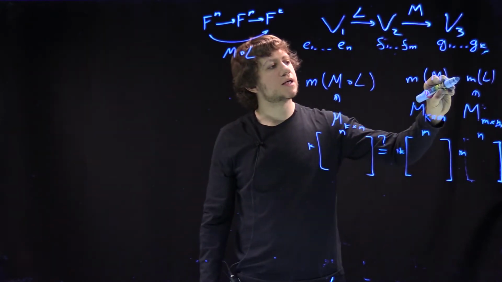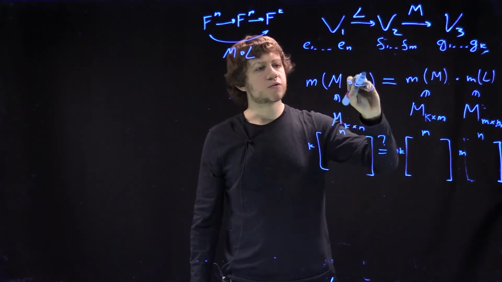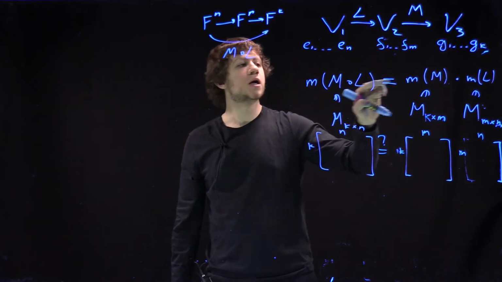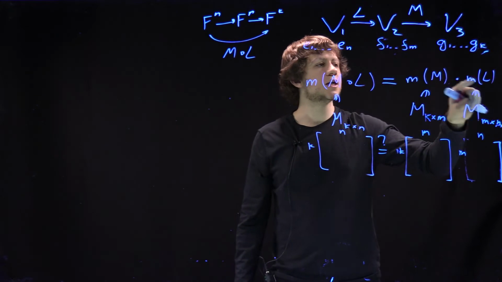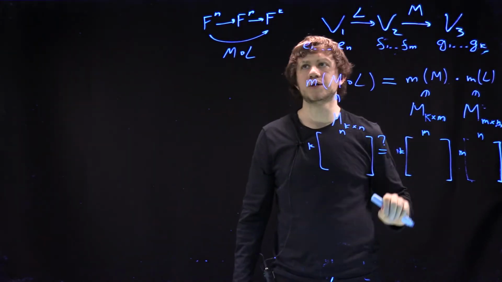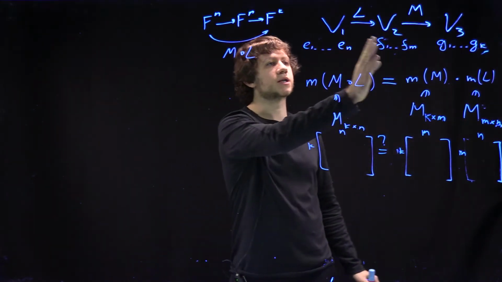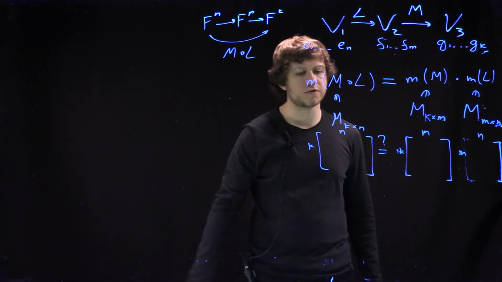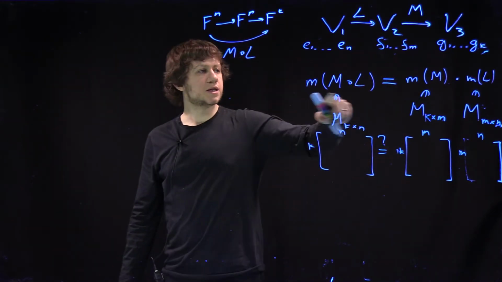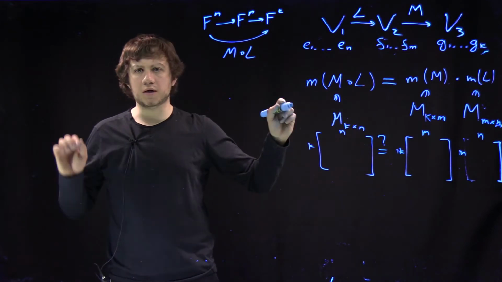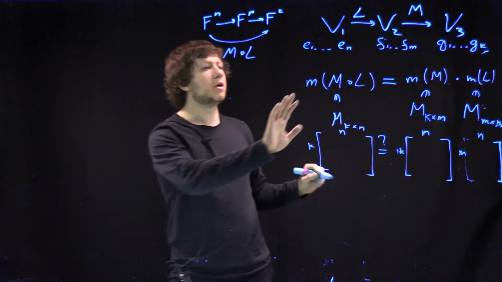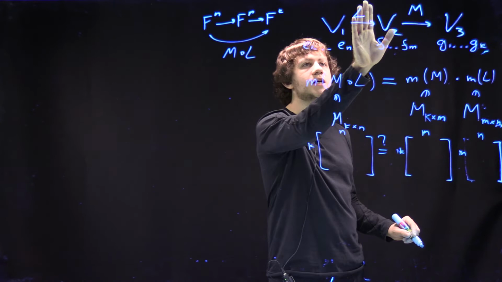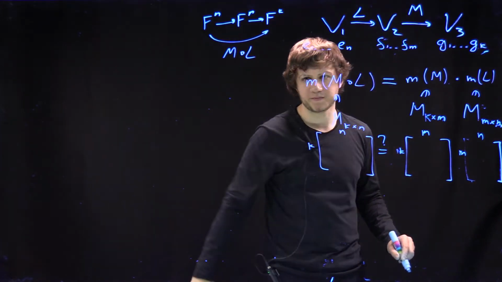And so this is the statement, that if we take the matrix of the composition, it is the same thing as to multiply these two matrices. And again, looking at the sizes, you can figure out the sizes of the matrices. So this is the main property of the correspondence. So multiplication of matrices corresponds to taking compositions of linear maps.